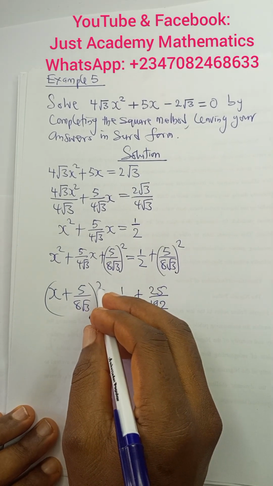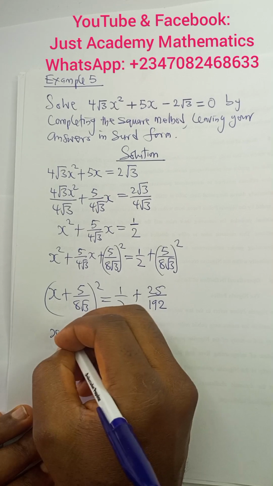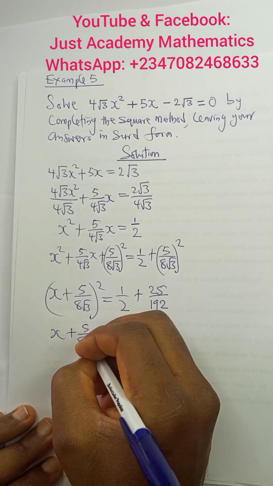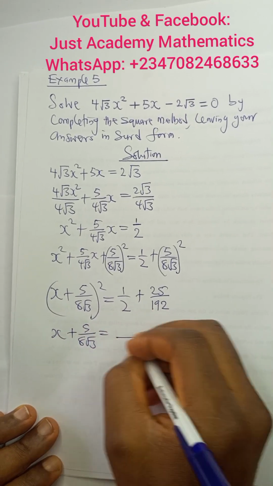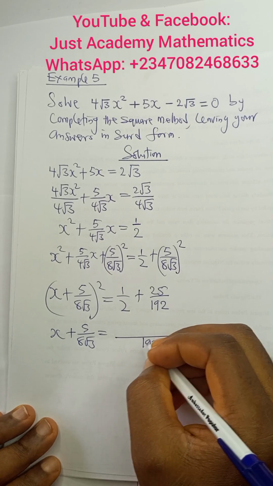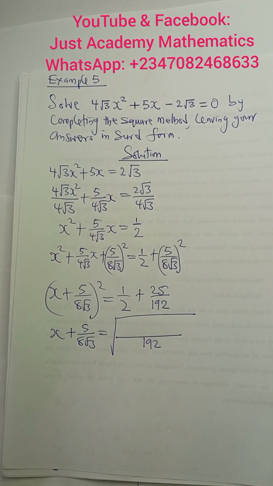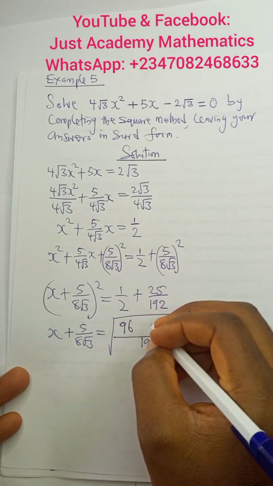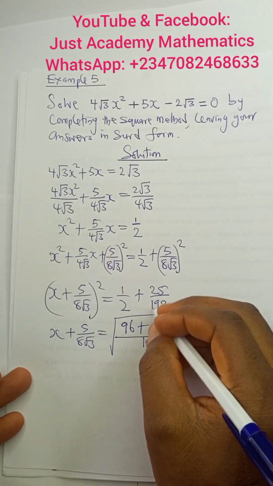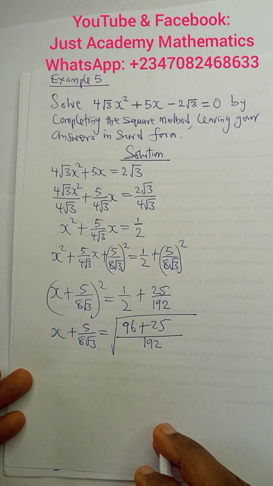So to remove this square, we'll find the square root of both sides. I have x plus 5 over 8 root 3 is equal to, LCM is 192. Of course, square root of 192. 2 goes into 192. Divide by 2, gives us 96. 96 plus this, go here 1, 25.